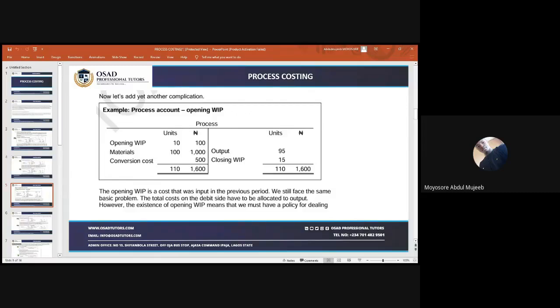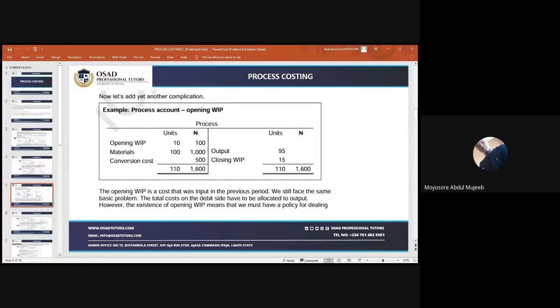Now the material here, we still have 100 units of material as usual, amounting to how much? 1,000 naira. 100 units of material amounting to 1,000 naira, and then the usual conversion cost of 500 naira.